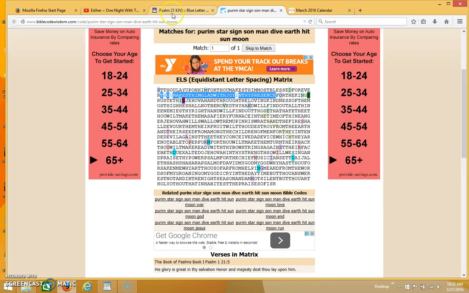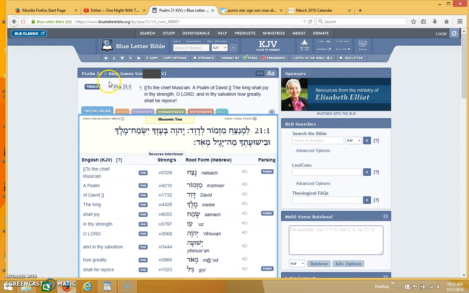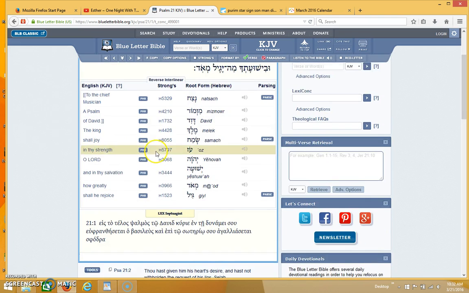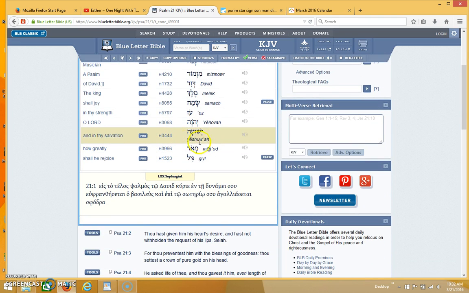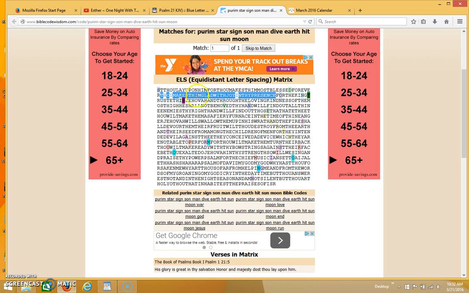And if you look at the first verse of Psalm 21, which is not showing up in the matrix, you see that this is talking about Jesus because it says, "The king shall joy in thy strength, O Lord, and in thy salvation how greatly shall he rejoice." And the word salvation here is actually the word Yeshua in the Hebrew. So this is prophetic about Christ, and so this is talking about Christ over here.